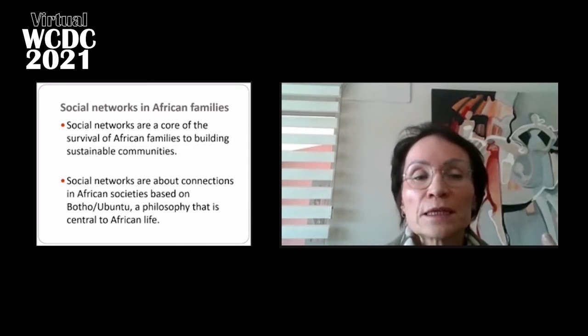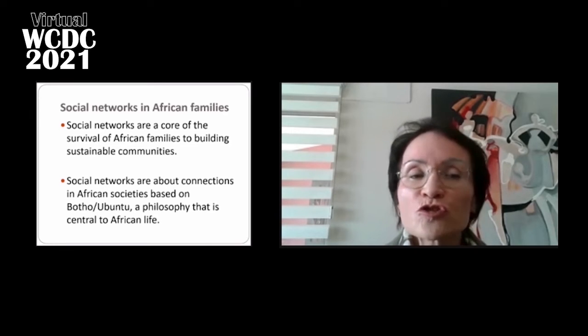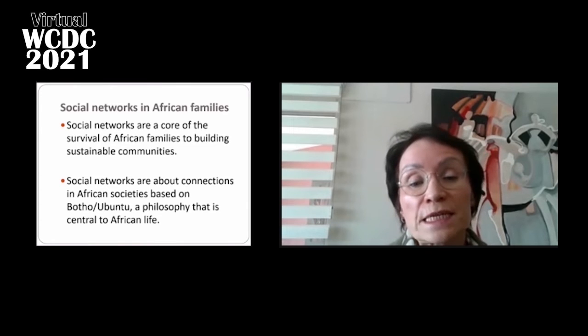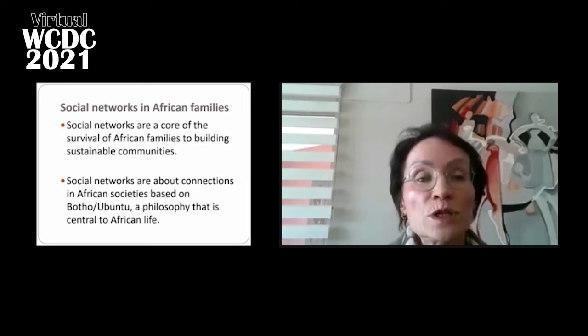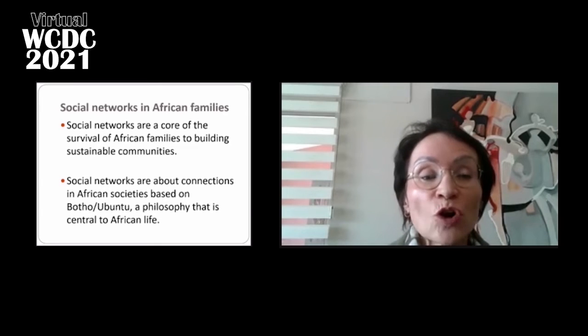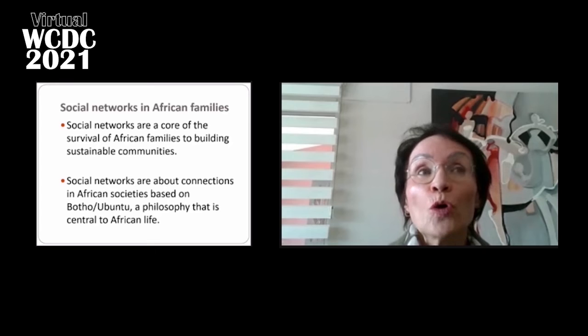In the past, they built strong social networks, and this was the core of their survival in communities in South Africa. Social networks are about connections in African societies based on ubuntu, which is a strong philosophy that is central to African life here in South Africa.